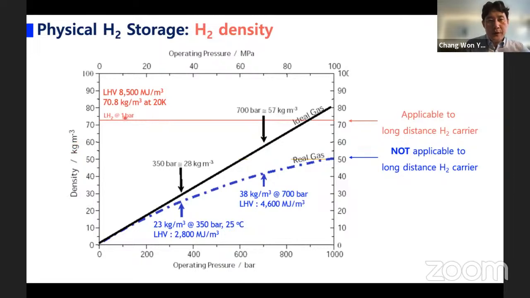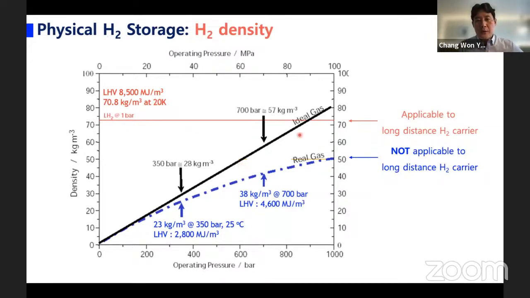If you look at liquid hydrogen at 1 bar, the volumetric hydrogen storage density is about 70 kilograms per cubic meter. Actually, if you pressurize more, this can increase a little bit, but here we assume 1 bar. So we can store 70 kilograms of hydrogen in 1 cubic meter.